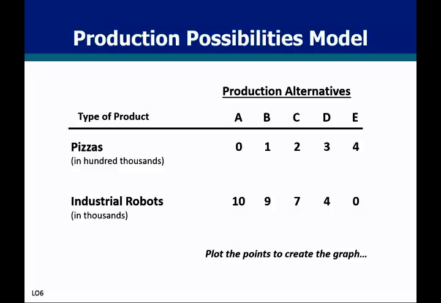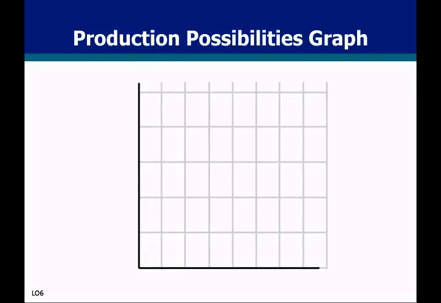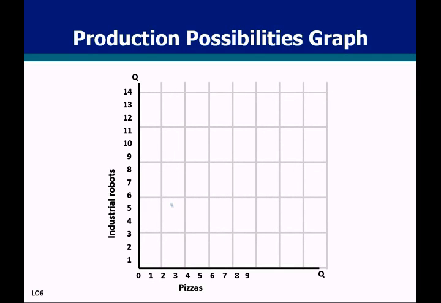So these choices are then plotted on a graph. The graph looks like this, which is on page 13. So those are my 5 choices. Again, if I look at the table with the graph, if I produce all robots or all pizzas, that's A and that's E. B, C, and D are some combination of each.